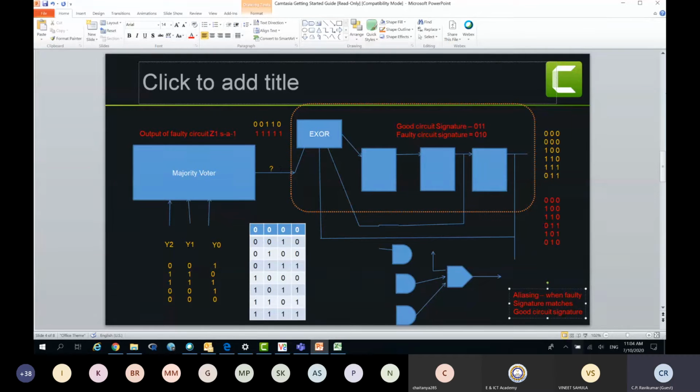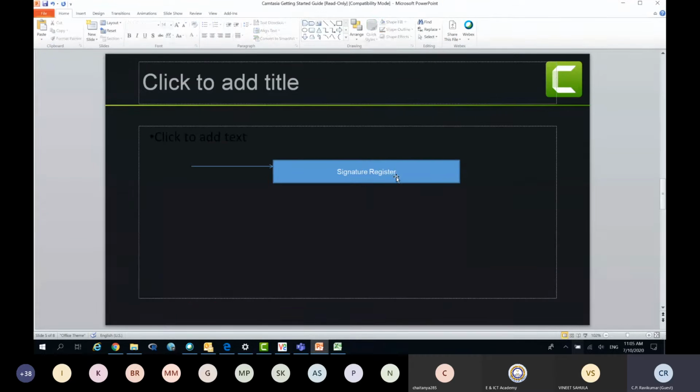This will happen if you have a small LFSR, or a small number of flip-flops, and the number of clock cycles for which you are exercising it is large. But if you are willing to give a larger number of flip-flops, then this probability of aliasing becomes smaller. In general, suppose the number of bits in the LFSR or the register is n bits.